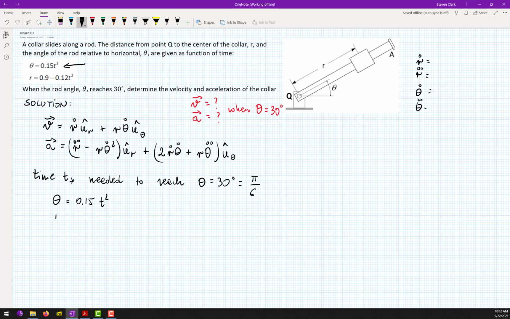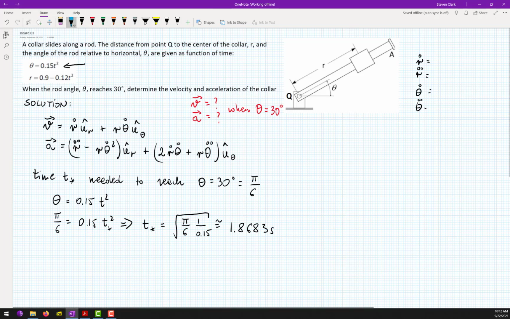So I can put pi over 6 in here, equal to 0.15 t star squared, and our t star is equal to the square root of pi over 6 divided by 0.15, and this is 1.8683 approximately. Okay, we found our time.